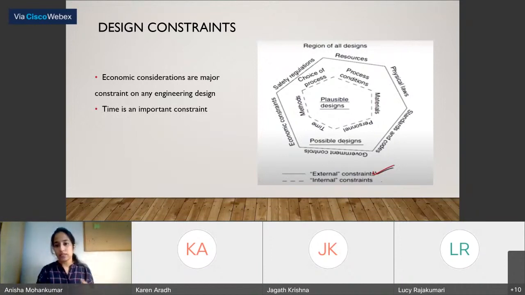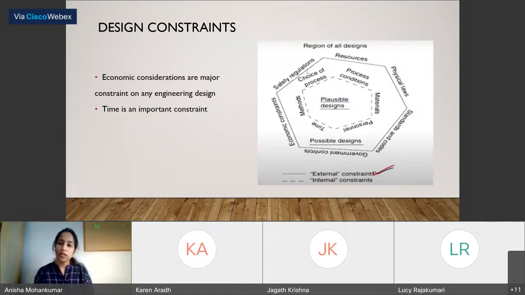And personnel is the number of people working for that process, or the investment that is to be given to the whole process, and the time, in what time frame you can finish the process. All these details are to be given to the official who has to approve it. So only these internal constraints are in the hands of a designer.